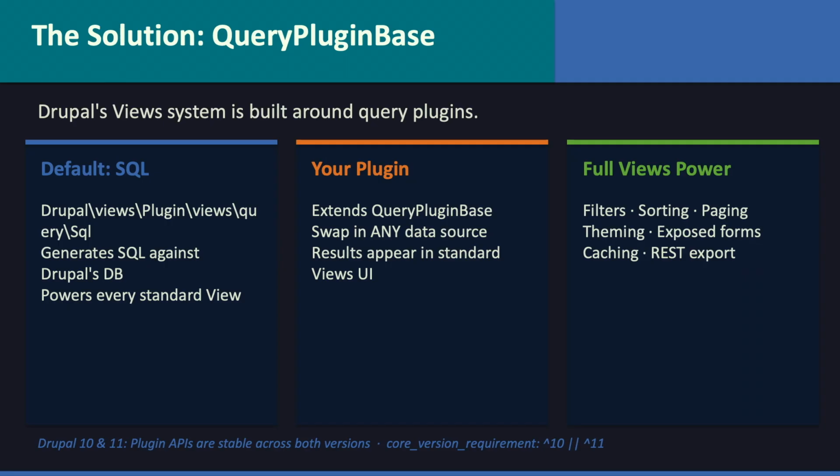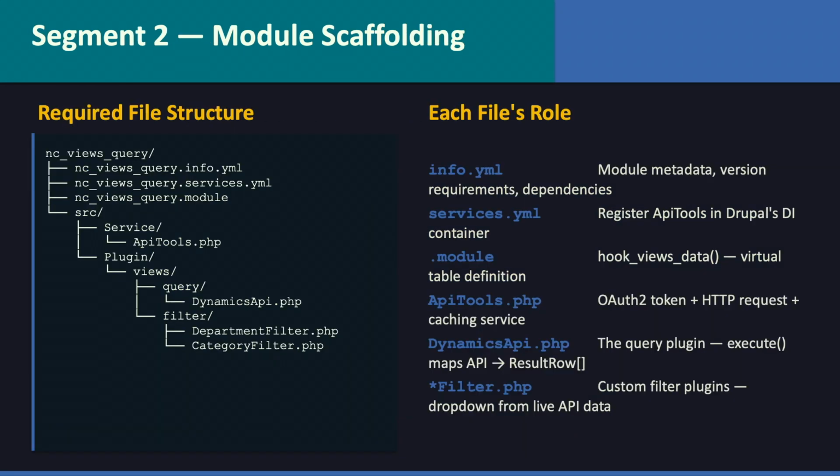And so with this, when you override or extend this plugin base in a custom module, you can then reference any data source that you want, and then use the full power of Views to be able to sort and page and filter and do all that kind of stuff. So this first step was creating a custom module.